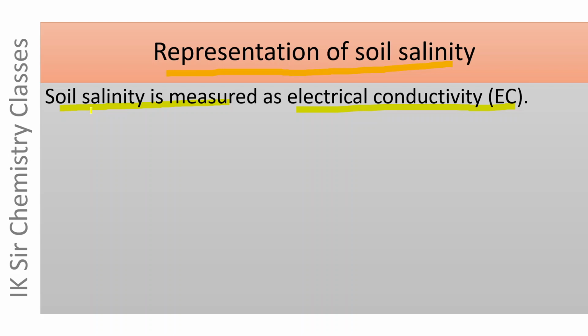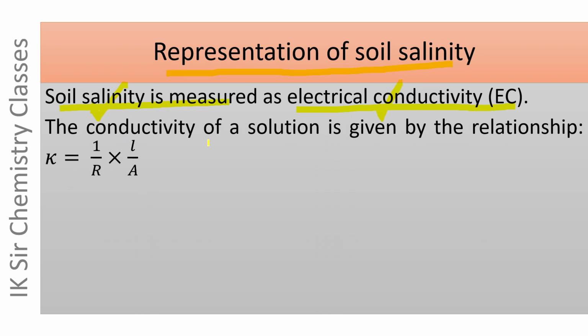They are electrolyte. Their aqueous solution conducts electricity, and the soil salinity is measured in terms of electrical conductivity. It means greater the soil salinity, greater will be the electrical conductivity of aqueous extract of the soil.